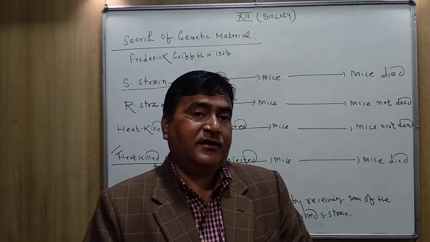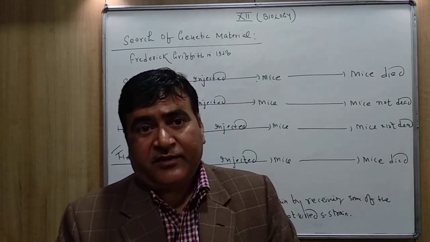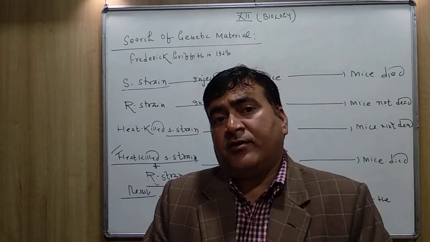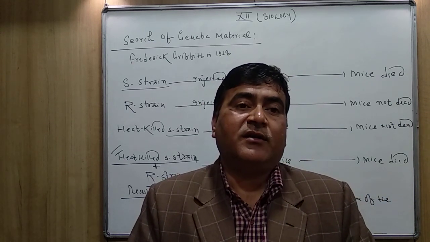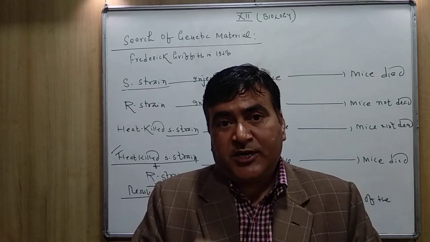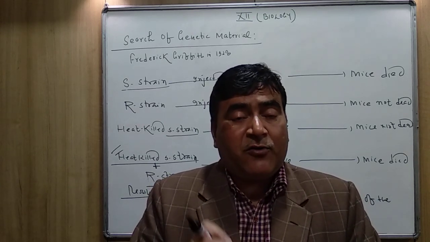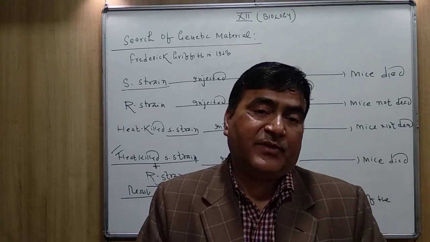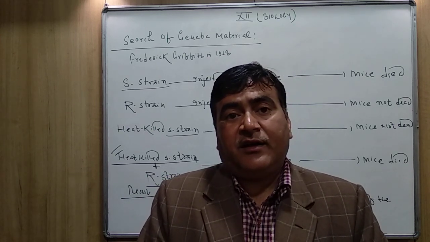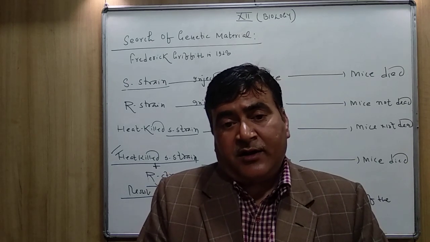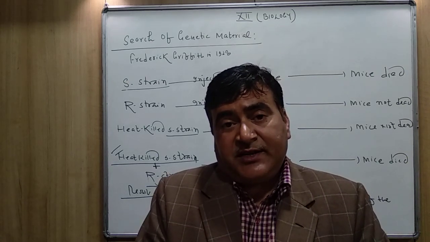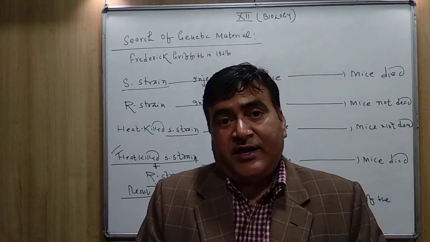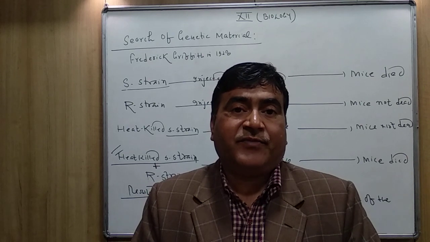But still, Griffith couldn't observe the biochemical nature of the transforming principle, that is, what was the nature of the transforming principle, whether it was RNA or DNA or protein.